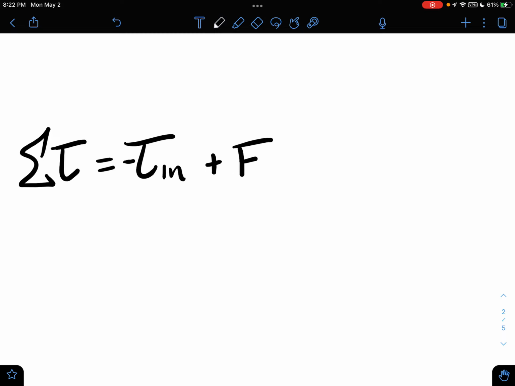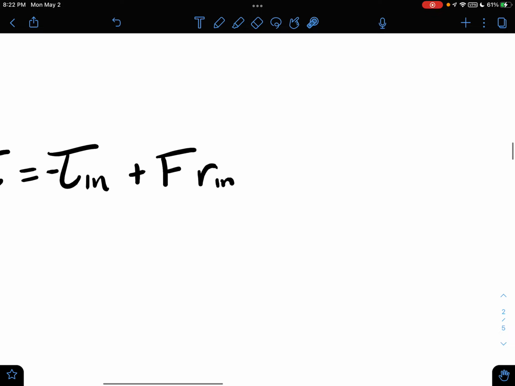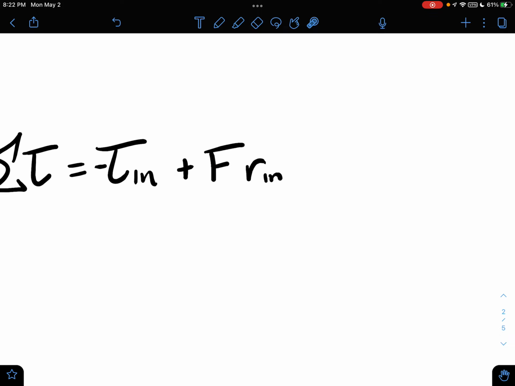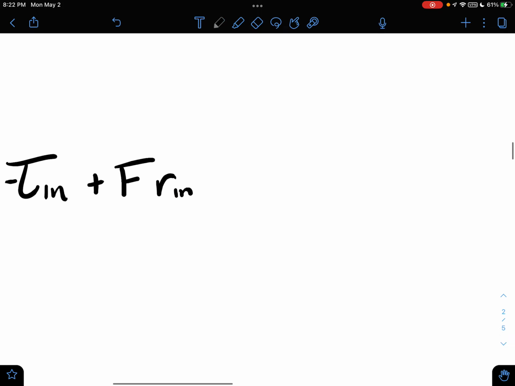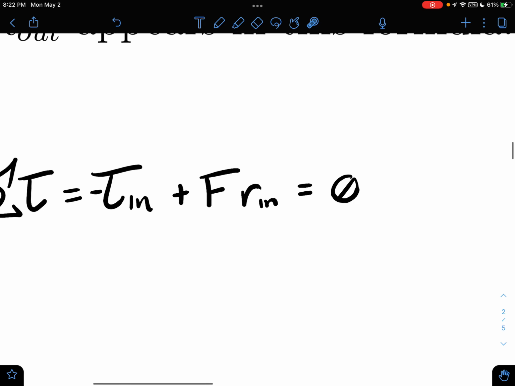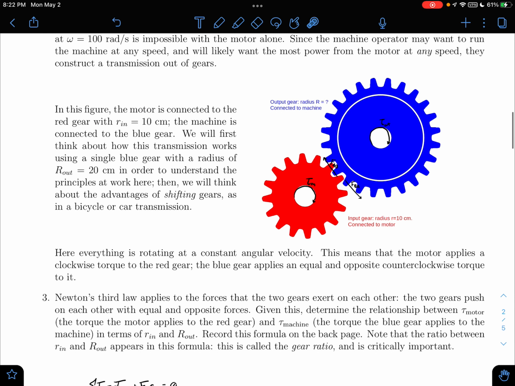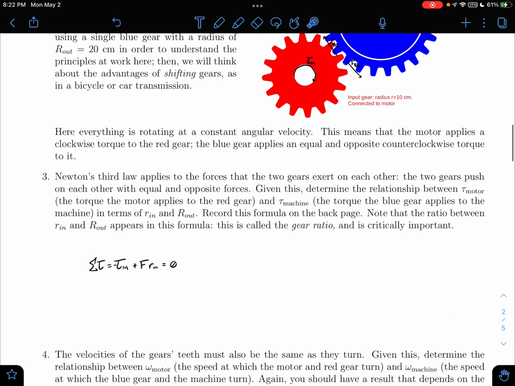Since the input is a clockwise torque, this is acting counterclockwise, so it's going to have a positive torque. We're told it's a constant angular velocity, so our alpha is going to be 0. And I use this R in because that's the radius of our input gear. So there's some of our torques on that one.